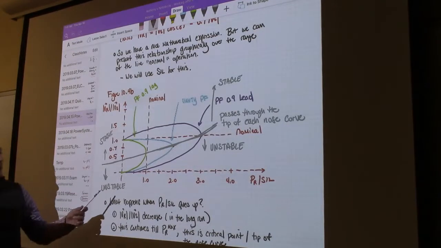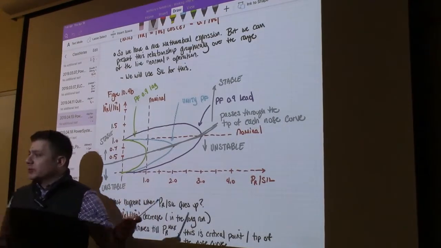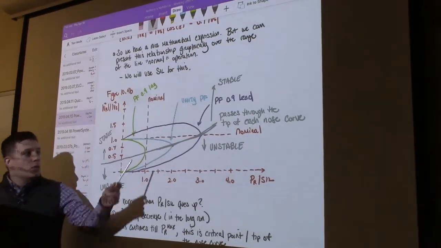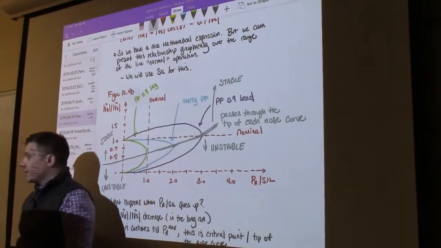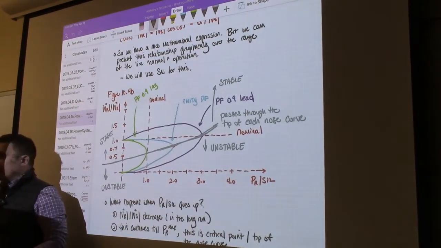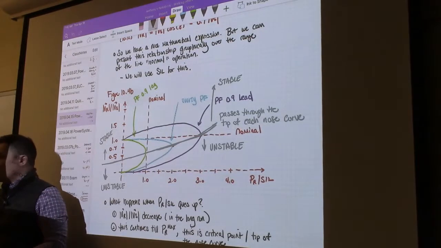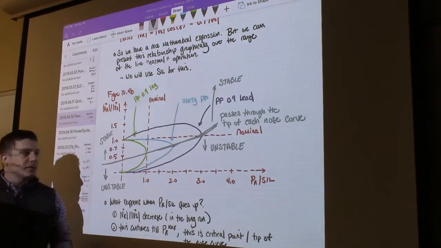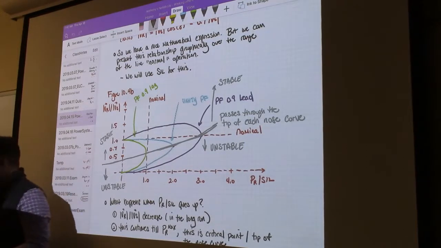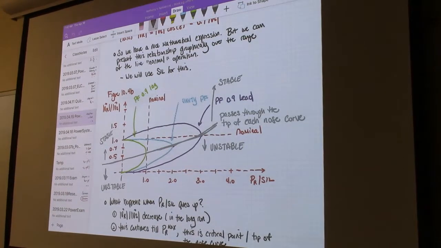For some of the power system analyses that we'll do, we'll come up with two different solutions. One will be the top of the curve, one will be the bottom of the curve, and you'll just know that the bottom of the curve is the unstable solution, so you can always negate that.